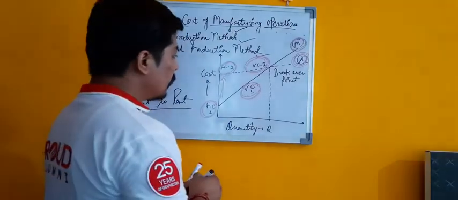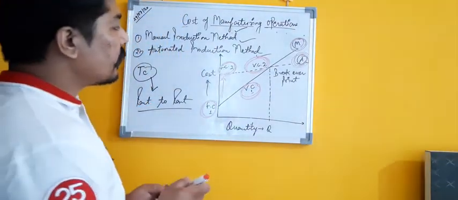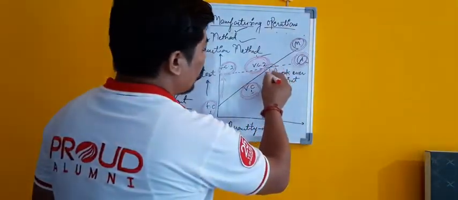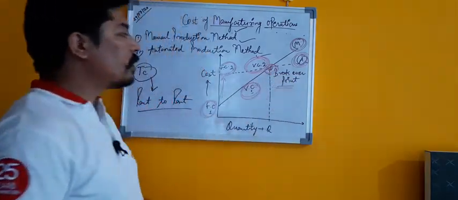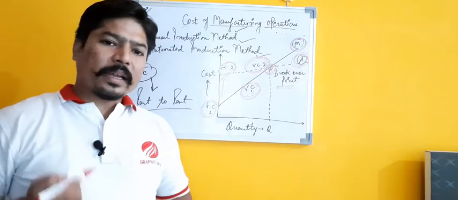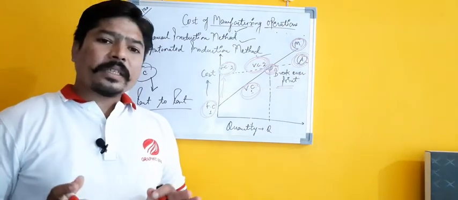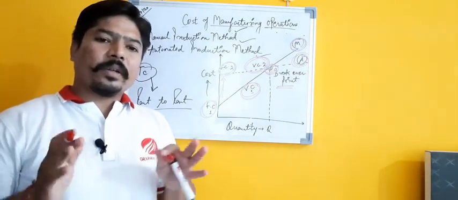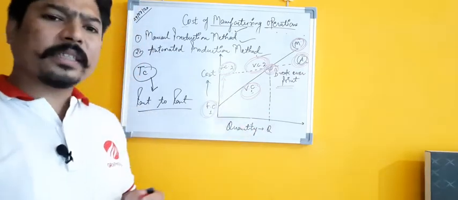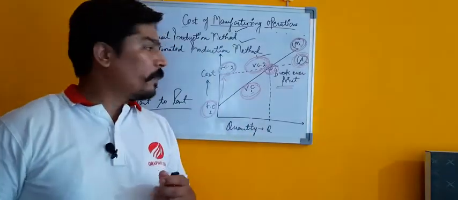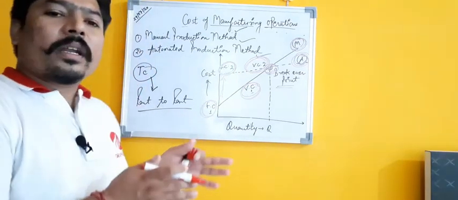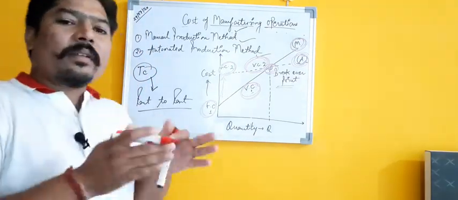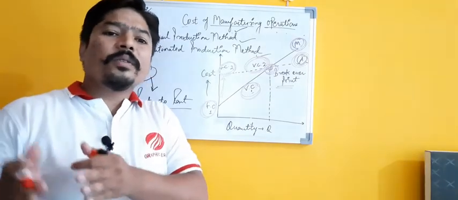Now see this important point here, this is a break-even point. So what does this break-even point tell us? It is the point in any manufacturing facility or production system, the level or stage, where the total amount invested, the total cost, equals the total revenue generated by that plant.